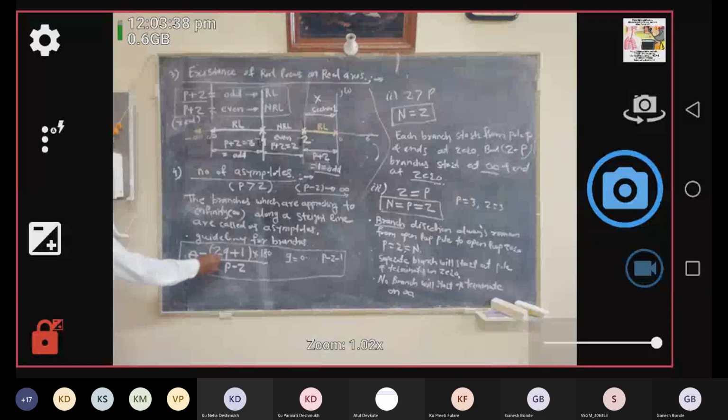In the previous step we have seen the number of asymptotes and their respective angles. Where these asymptotes meet together, that point is called the centroid. Centroid is the point where all the asymptotes meet together. Therefore, you just write down the definition of centroid.